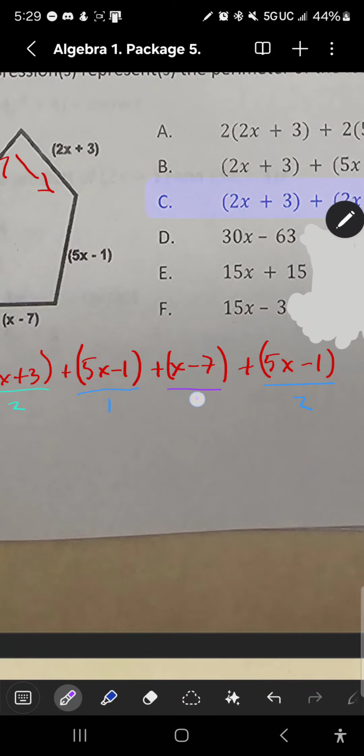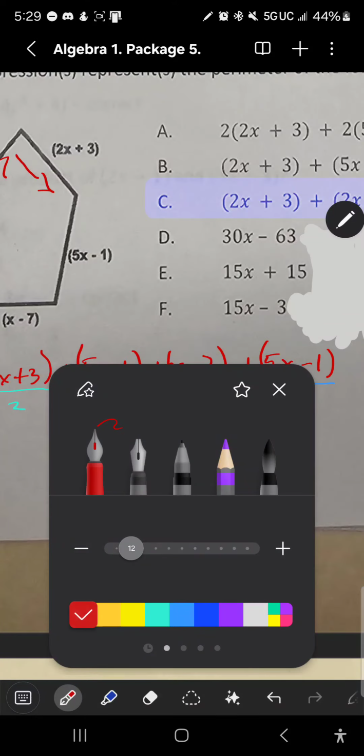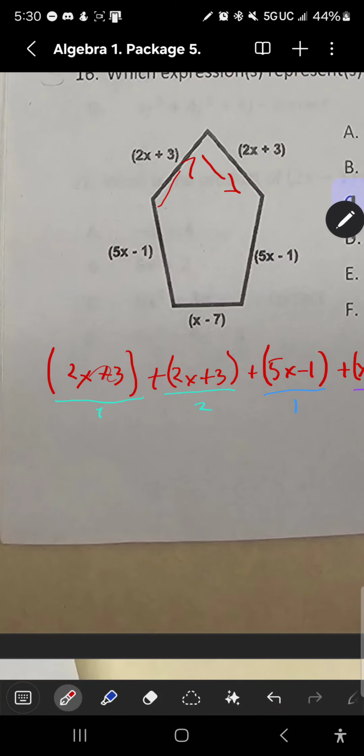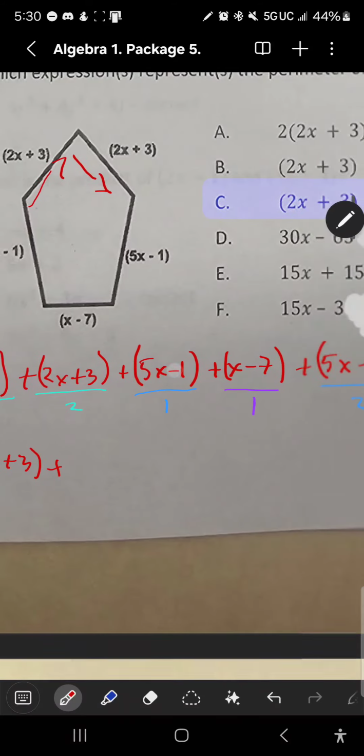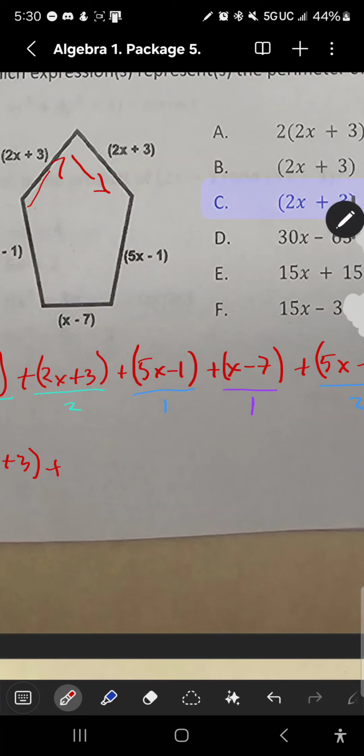Here we have only 1. So we can rewrite that, like you see the parenthesis 2x plus 3, and this is also 2x plus 3. So since we have 2, we can say 2 times 2x plus 3 plus, we have also 2, 5x minus 1, so 2 times 5x minus 1, and then we can say 1 times x minus 7.